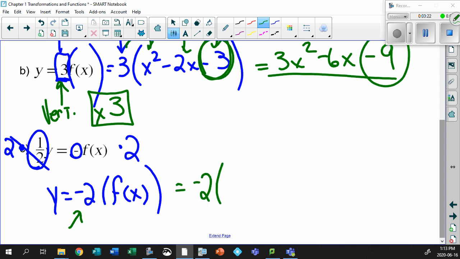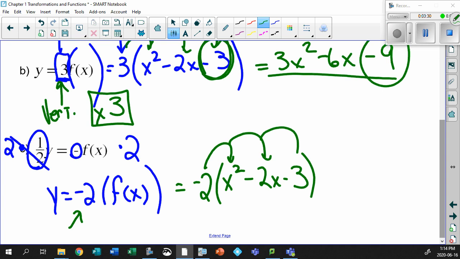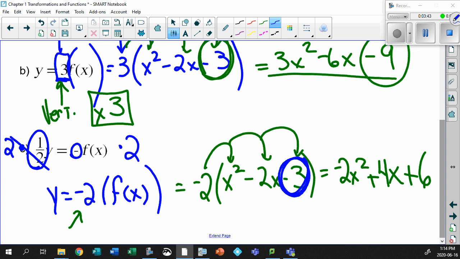All right, so let's take the negative 2. There it is. Original equation, which was x squared minus 2x minus 3. Okay, and let's distribute. So this becomes minus 2x squared plus 4x plus 6. Because think about it. This was our original y-intercept.